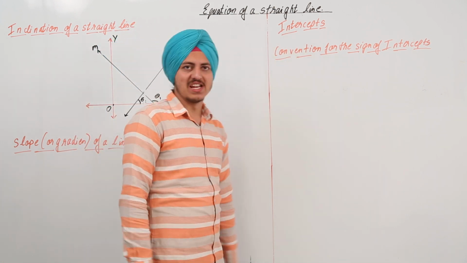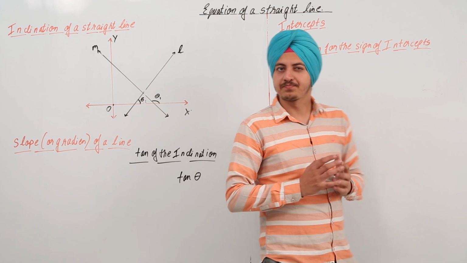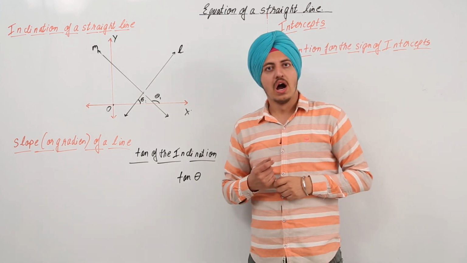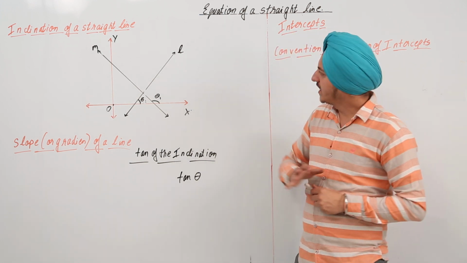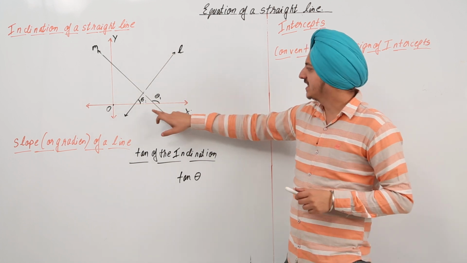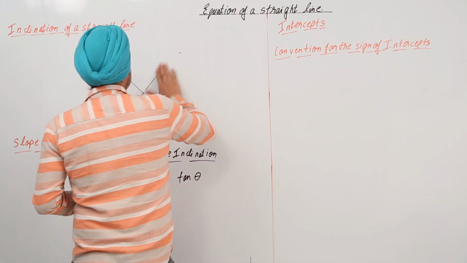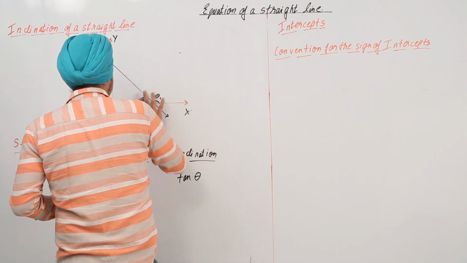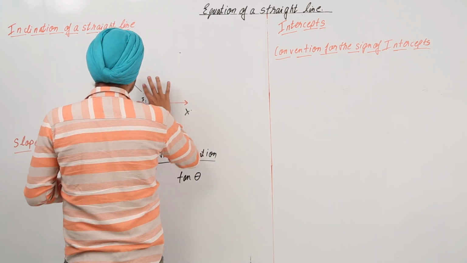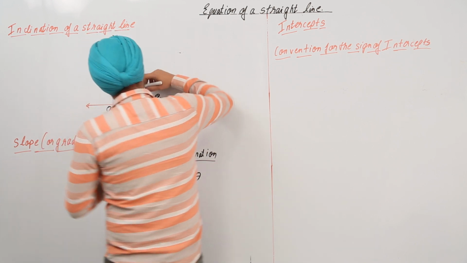Next we have intercepts. What are intercepts? Intercepts are those points at which a line cuts the x-axis and y-axis, okay? Now let's say that we erase this line L and we keep only one line, that is M. I'll just be completing this figure, just wait for a second.